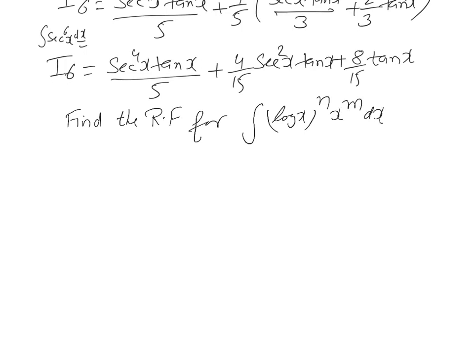So this integral can be written as I n comma m. Now look, here are two indices. One index is of log x and the other is of x. So we have written in the subscript notation both the indices n and m, and I stands for the integral sign.